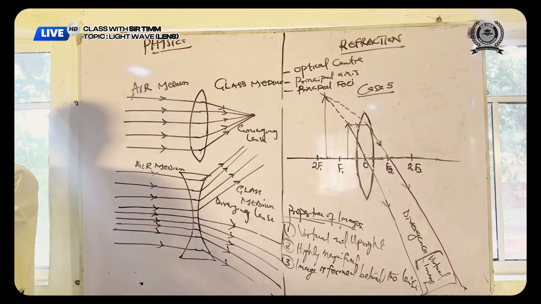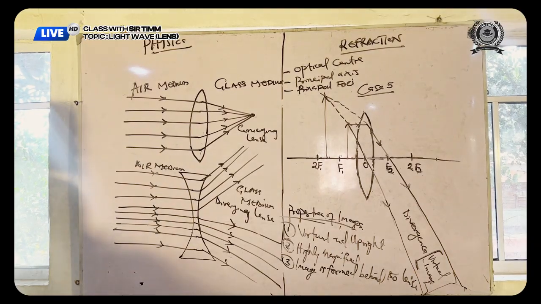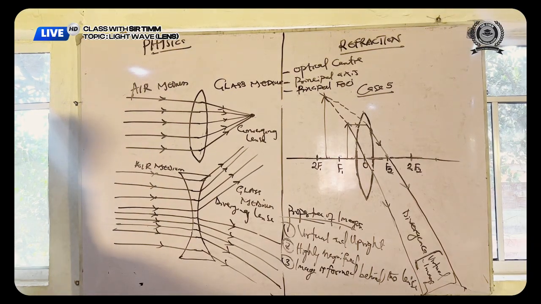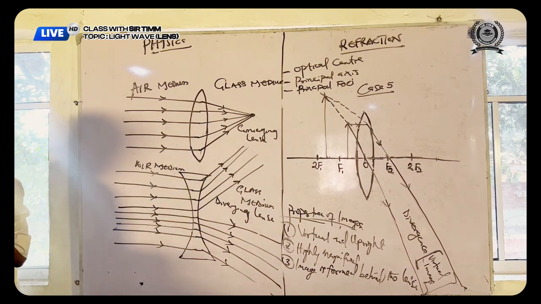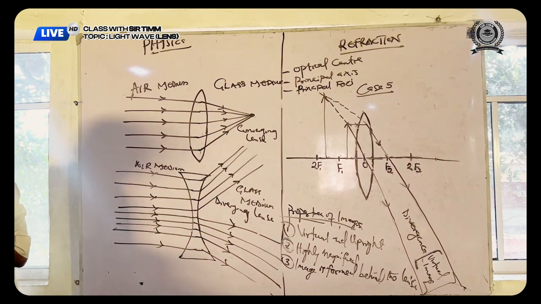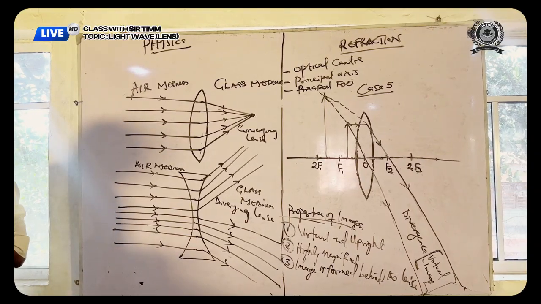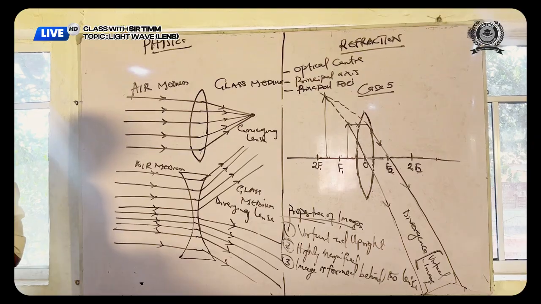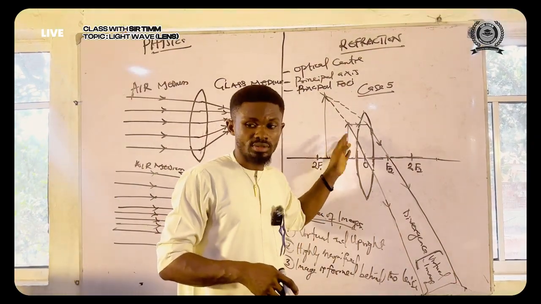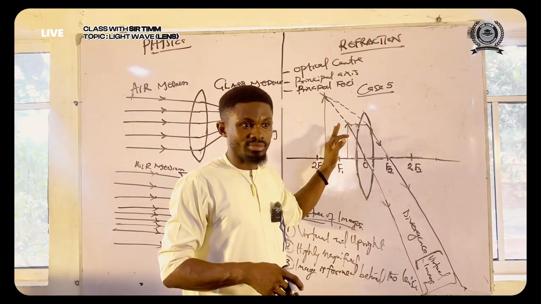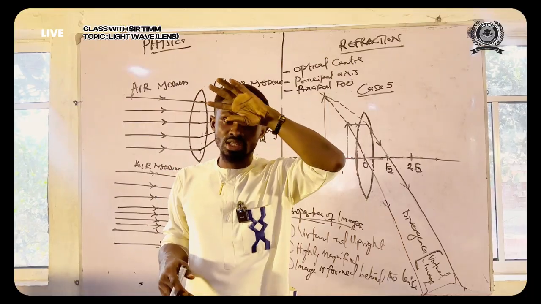In your leisure time, you need to practice all this positioning and get acquainted with it. When you look at this, you can see that the image is formed behind the object from the diagram. So in case they ask you in exam, it's formed behind the object.